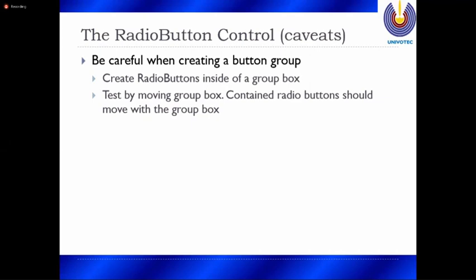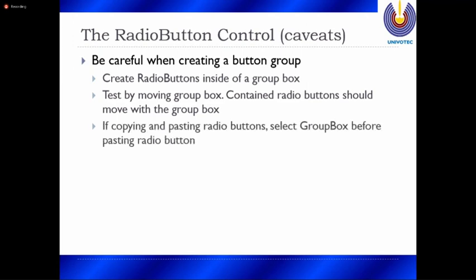Then you can put your button inside the group box, and if you move that object, the RadioButton is also going to move with the group box. If you copy and paste the RadioButton, select the group box before pasting the RadioButton.